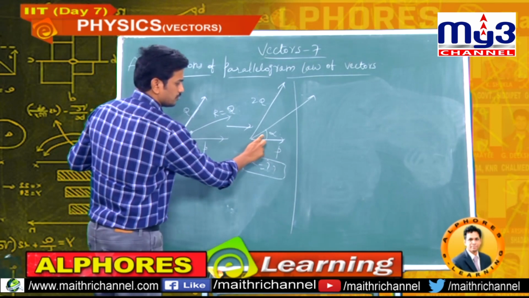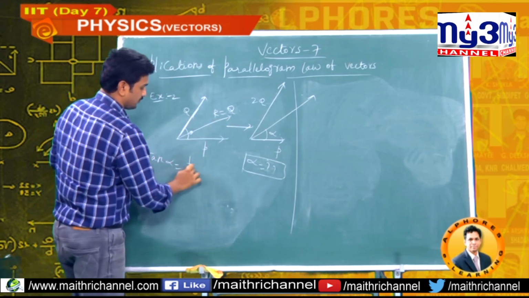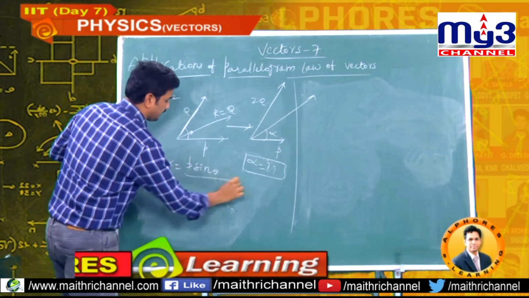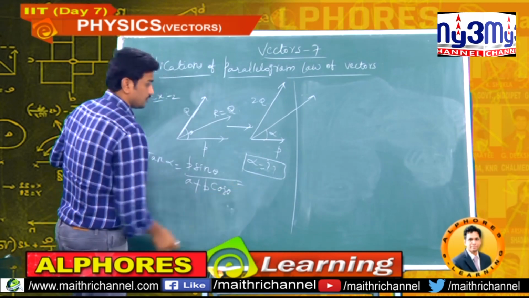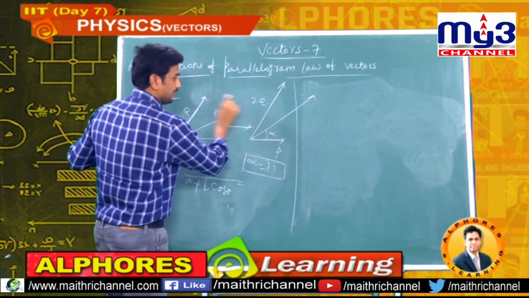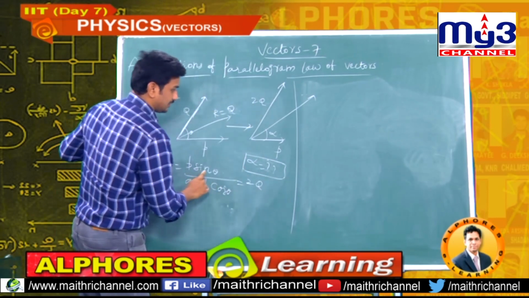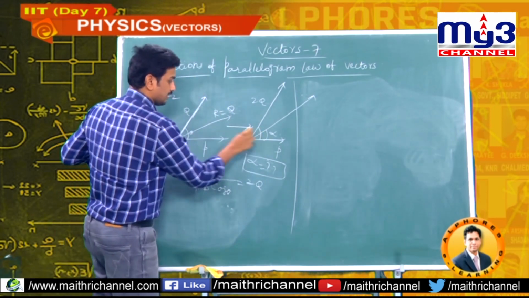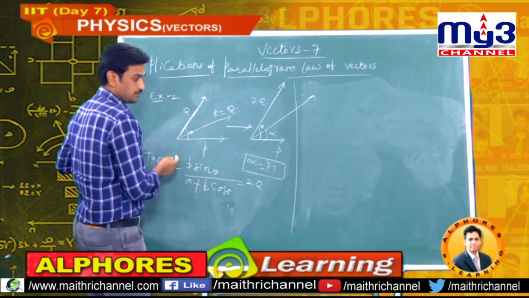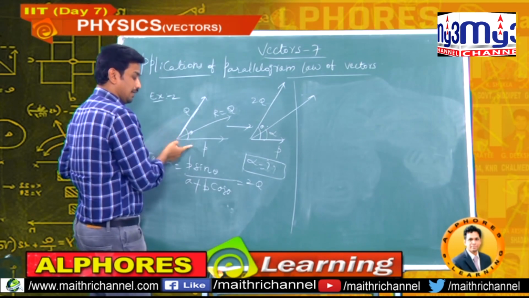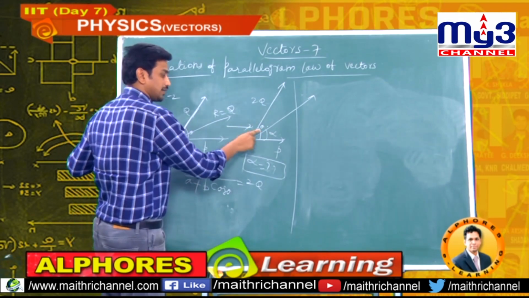See, in this, tan alpha is equal to, we know the formula, B sin theta by A plus B cos theta. This is the A, this is the B, B is 2Q. Sin theta: here we maintain the same angle, here also theta, here also theta. We did not change the angle between the two vectors. The initial angle between the two vectors is theta, and the final angle between these two vectors is also the same.